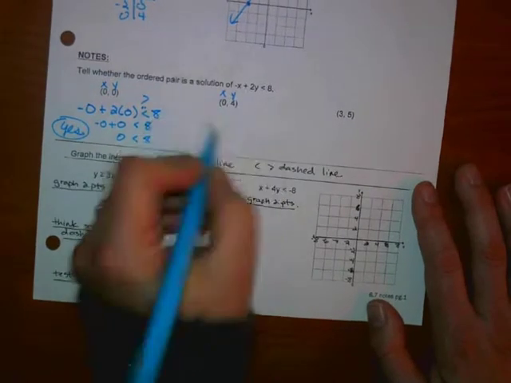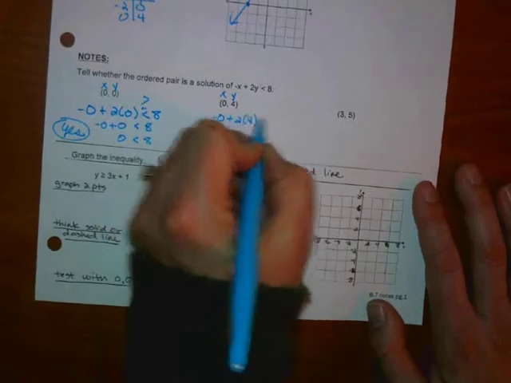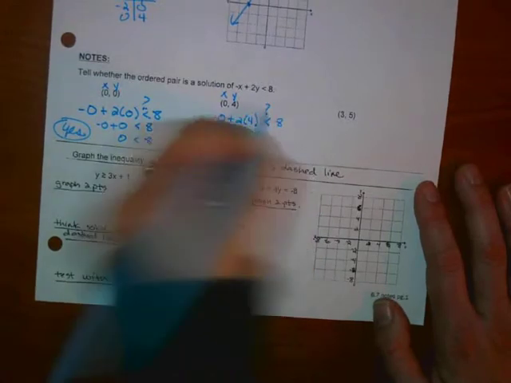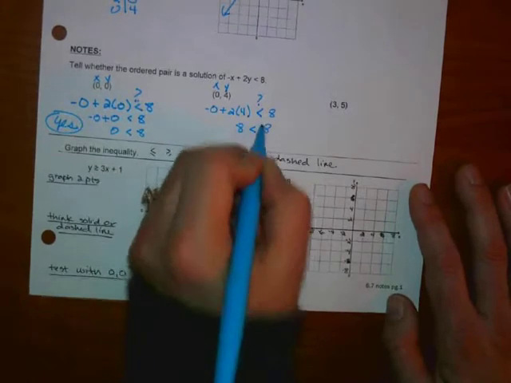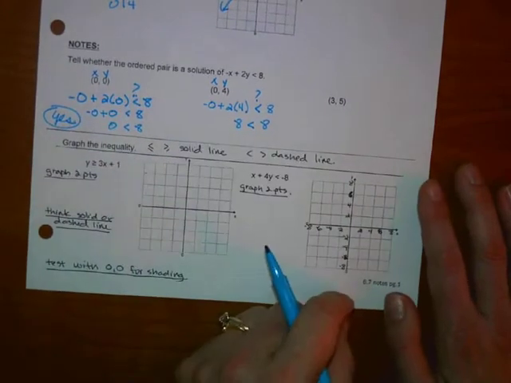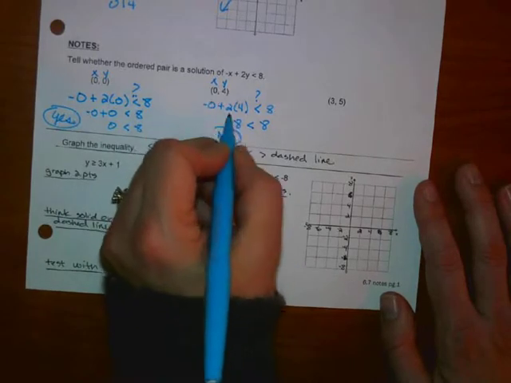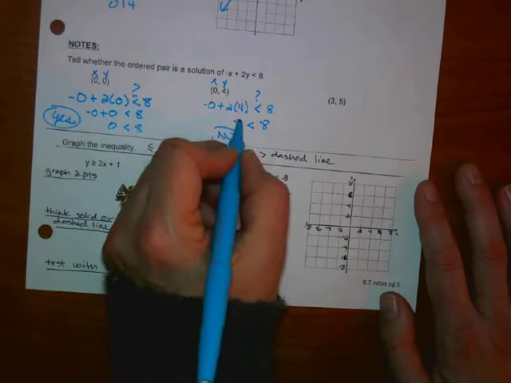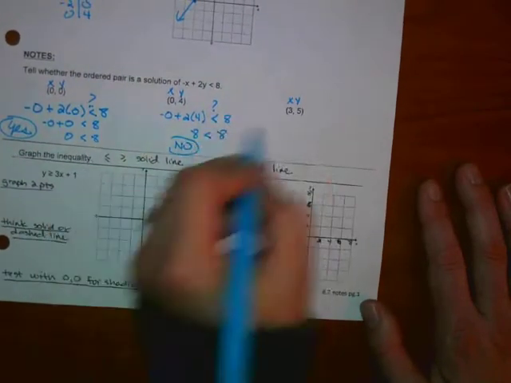Okay, do it again. So negative 0 plus 2 times 4, is that less than 8? Okay, so this is 8 is less than 8. Wait a minute, that's not a true statement. So no, this point is not a solution to this inequality. It doesn't make it true. Okay, let's try this last one.